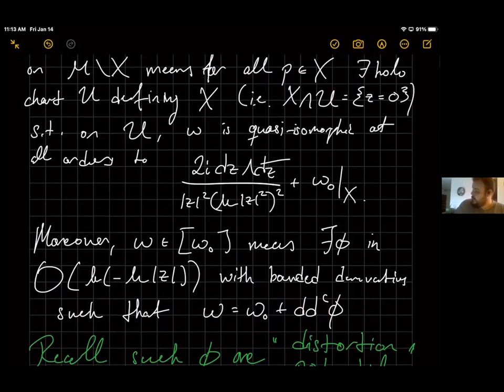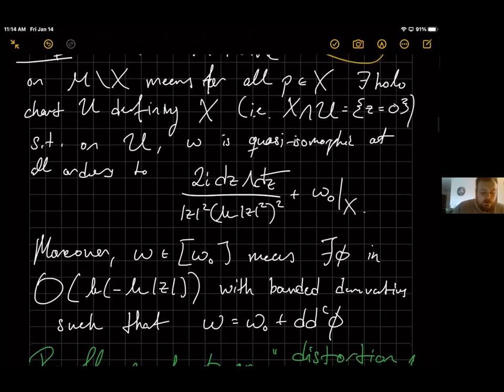So a metric omega is a Poincaré-type metric in the class omega naught, where omega naught was a smooth background metric on all of M. Basically, it means that omega differs from omega naught by ddc of some function, but this function needs to be comparable to that earlier function tau, this log polar coordinate that we have in the coordinates that we're working in.